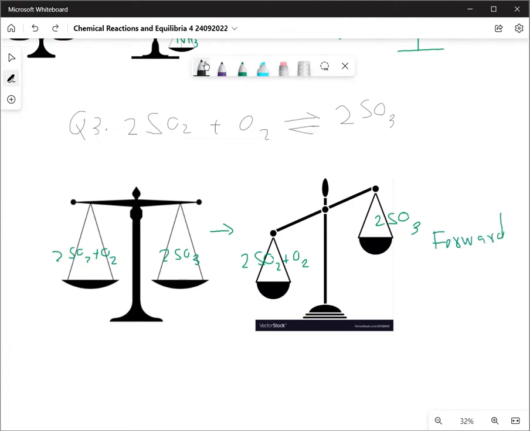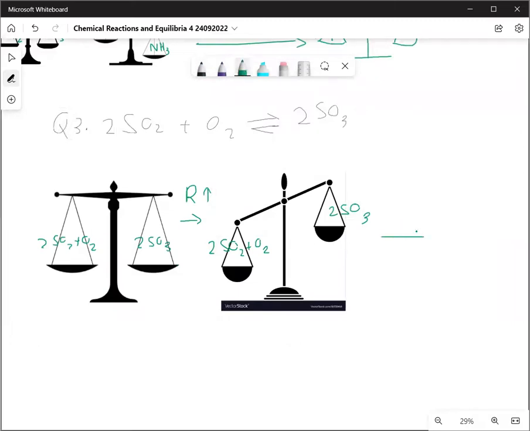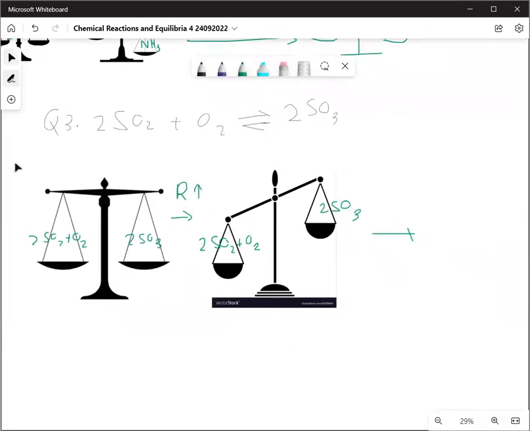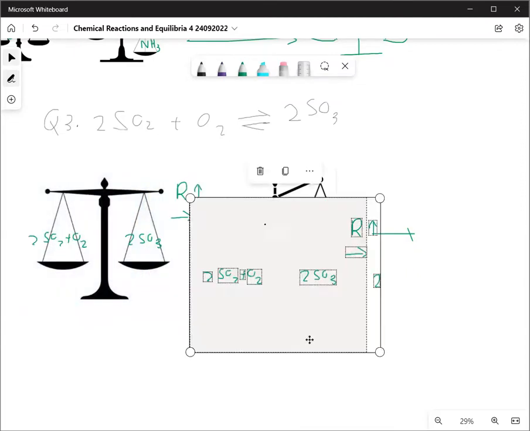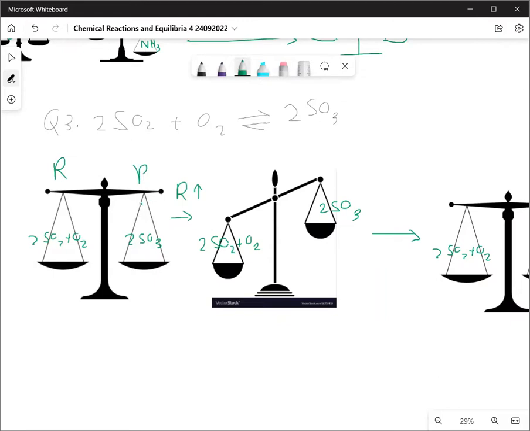R went up. How can I balance this again? Tell me.